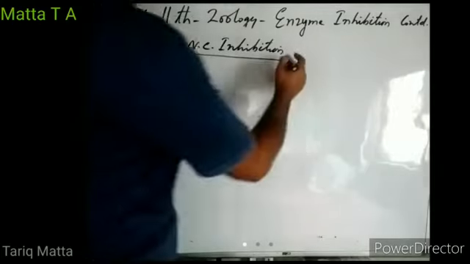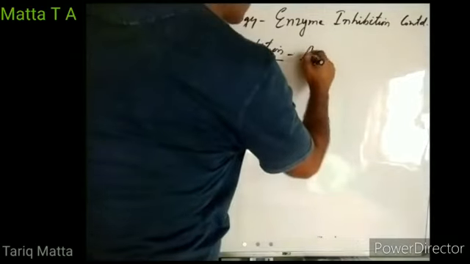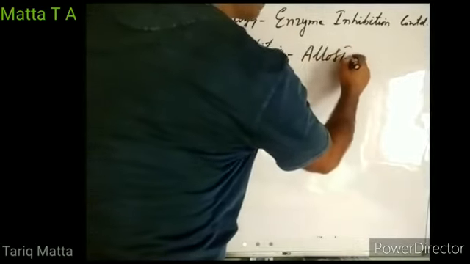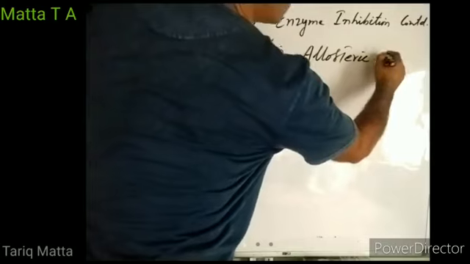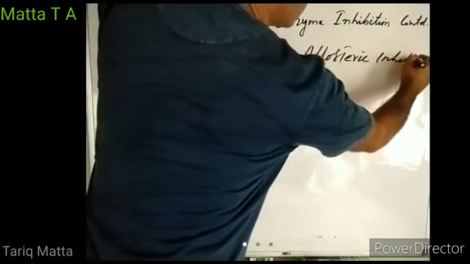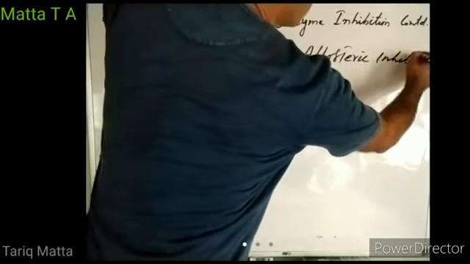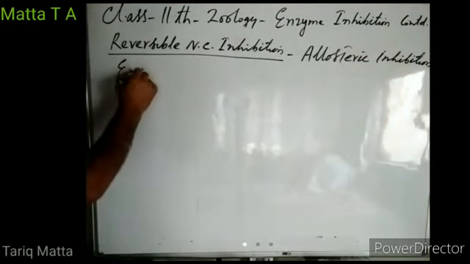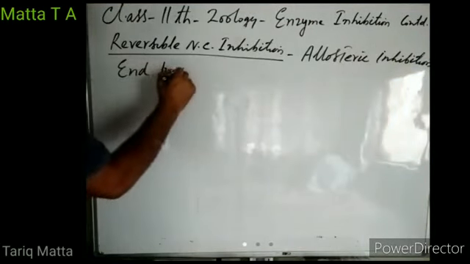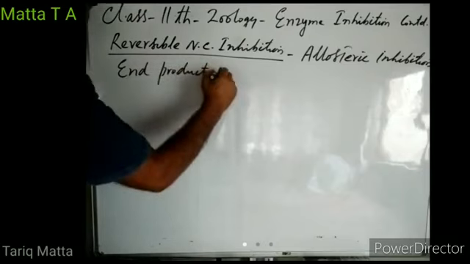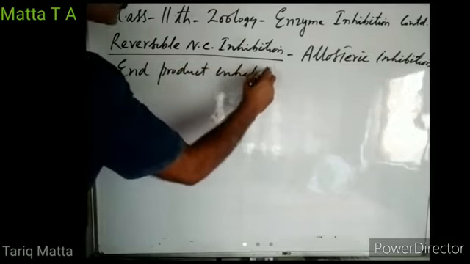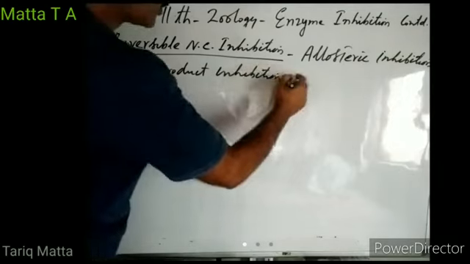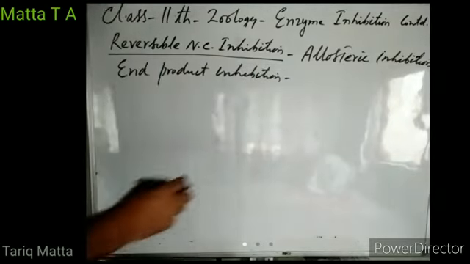This inhibition is also known as allosteric inhibition, or end product inhibition, or feedback inhibition.